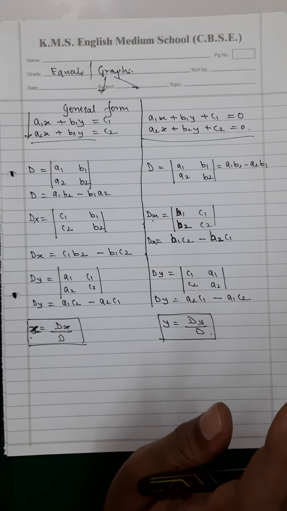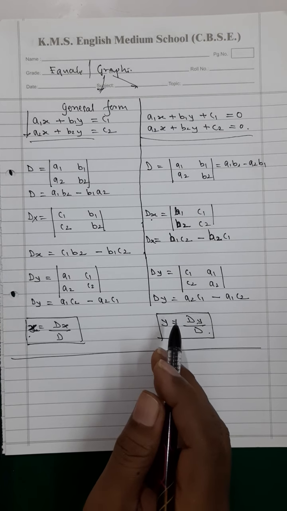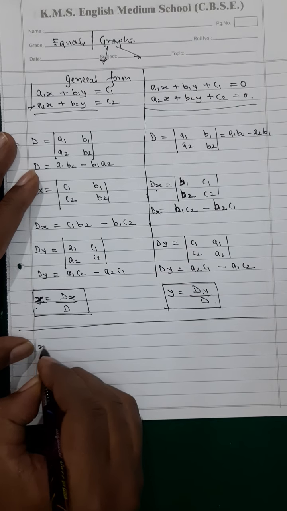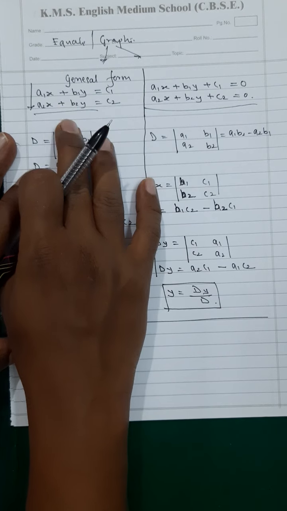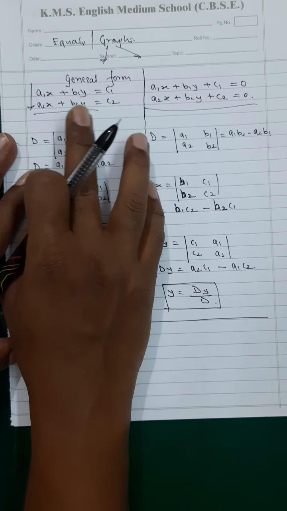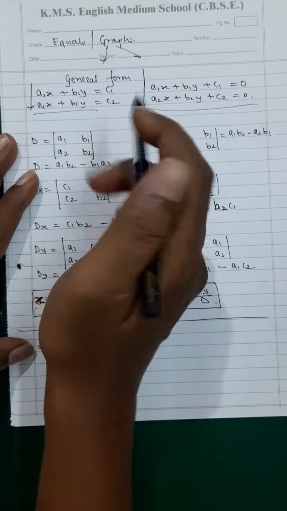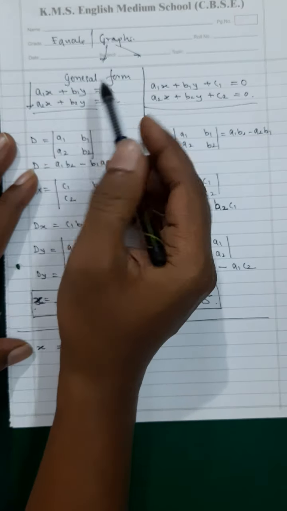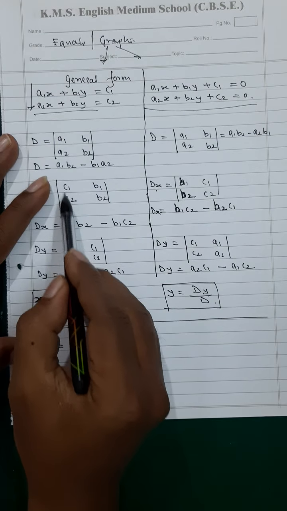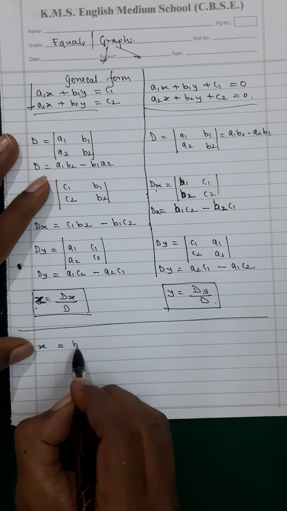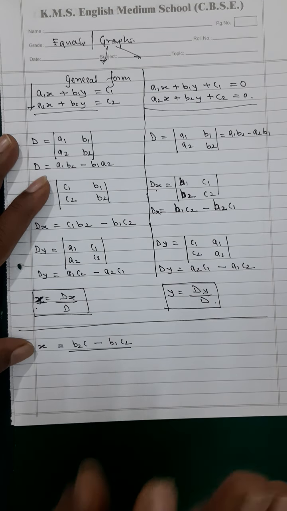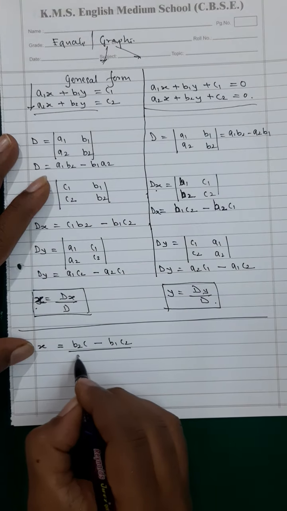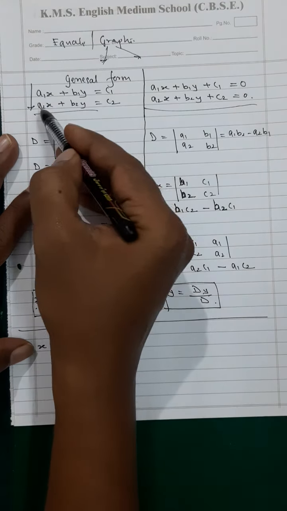But sometimes, instead of calculating them separately, they just write x is equal to dx upon d, where dx is b2 c1 minus b1 c2, upon d, where d is a1 b2 minus a2 b1.